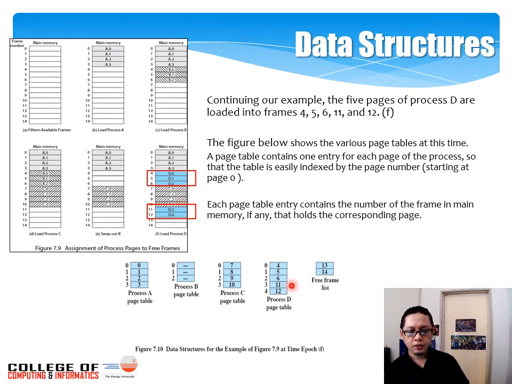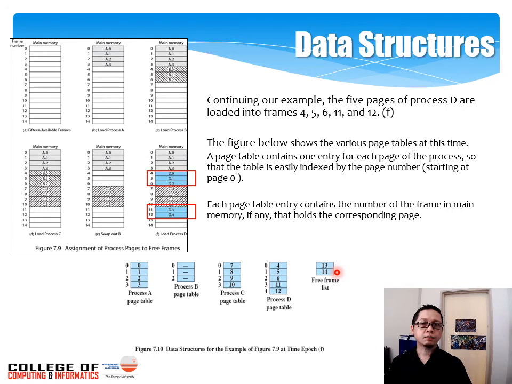And then process D is using frames 4, 5, 6, and frames 11 and 12. It will also have the information of the free frame list, which is frames 13 and 14.